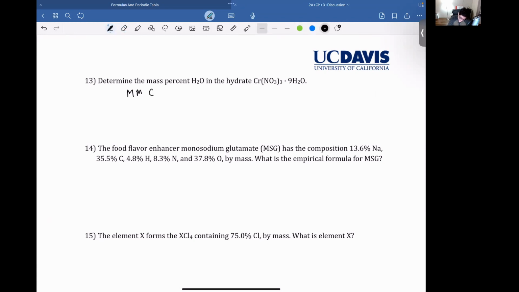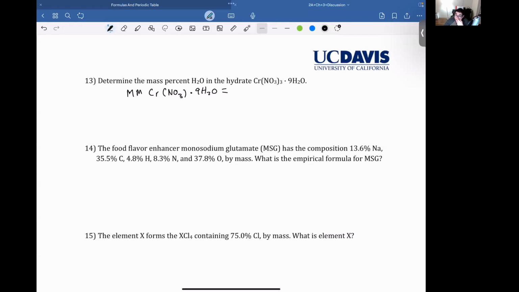So the molar mass of chromium nitrate hydrate is, let's see. This one we may have to actually, we do.